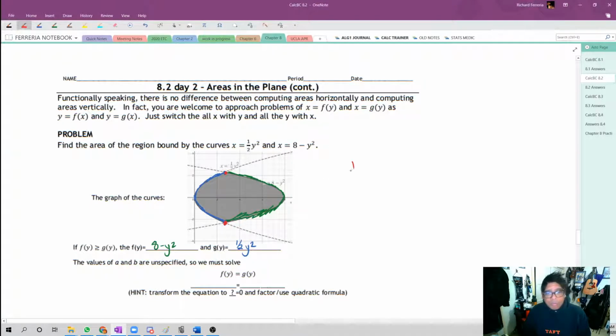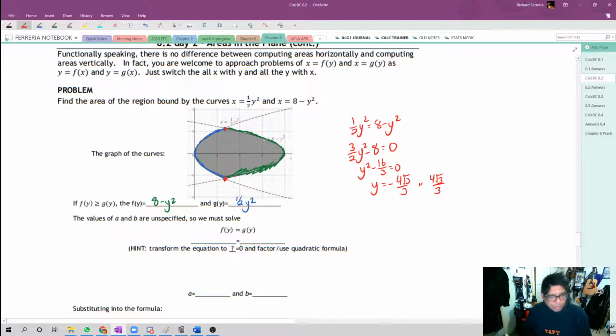So we'll solve 1/2 y squared equals 8 minus y squared. And we keep solving this. We've got 3/2 y squared minus 8 is equal to 0. Multiply everything by 2/3, and you get y squared minus 16/3 equal to 0. And ultimately, you get y equals negative 4 root 3 over 3 and positive 4 root 3 over 3.